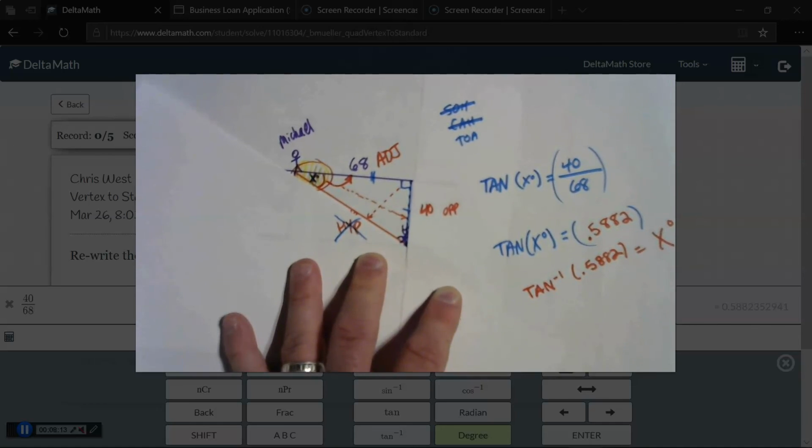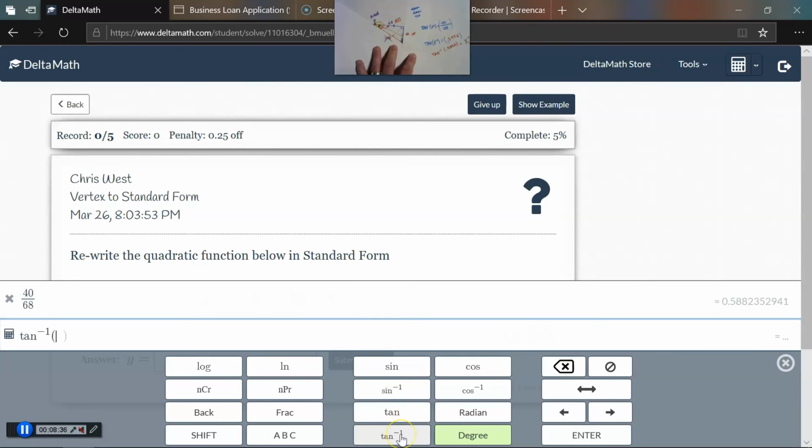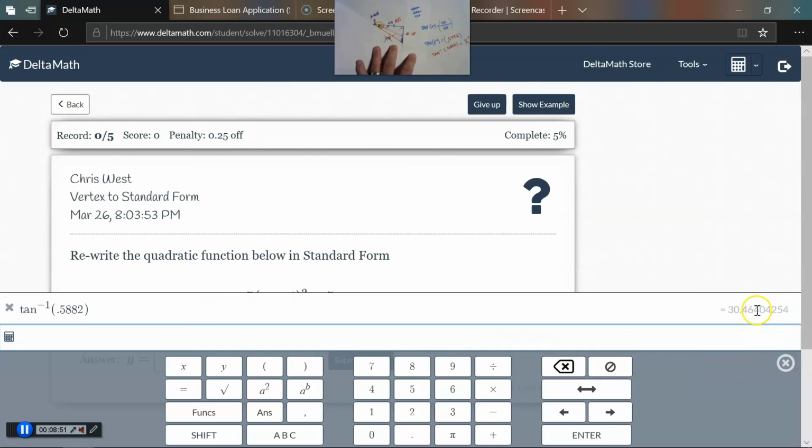So let's go to the Delta Math calculator. I'm going to press inverse tan, and see how it has it over here, inverse tan, and it wants me to put in my value, and I click back to go to my numbers, 0.5882, enter, and over here it gives me 30.46. See, I've got the inverse tangent of 0.5882.